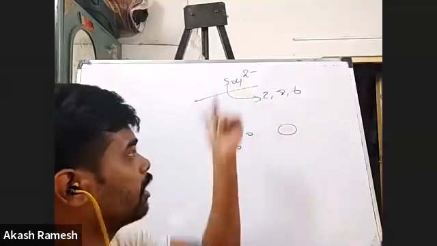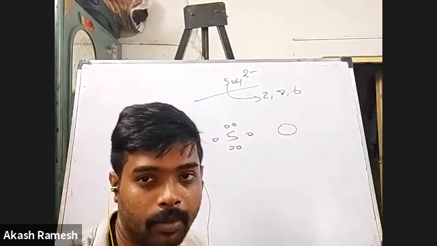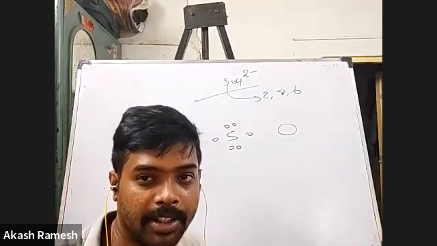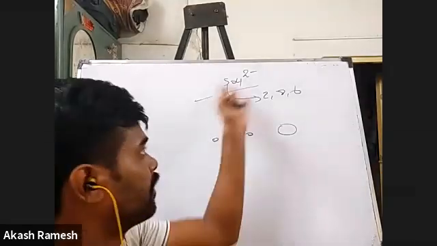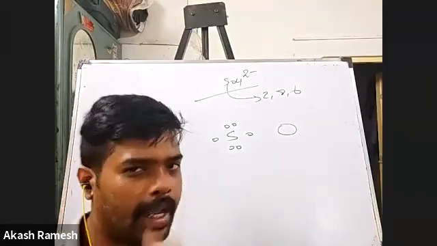Whenever you have a polyatomic ion, what do you mean by polyatomic ion? More than one type of atom is present, and it is an ion, like sulfate, sulfite, ammonium ion. So many things are there. Answer this question now.